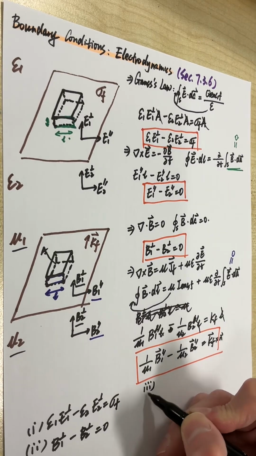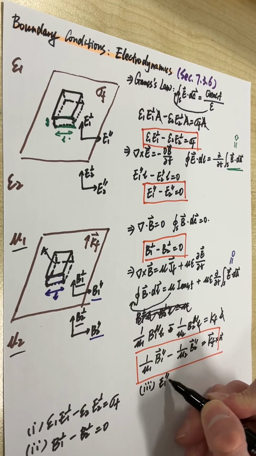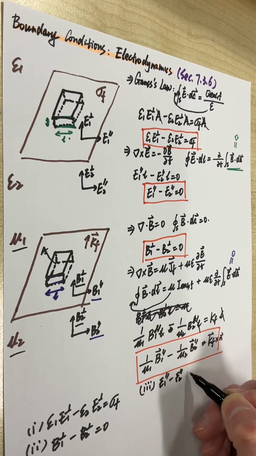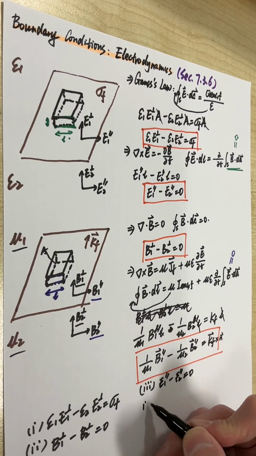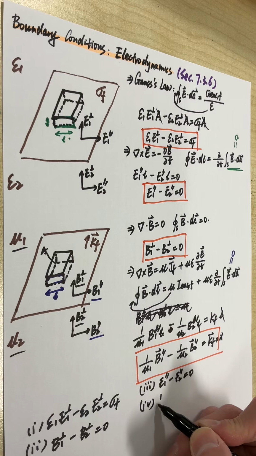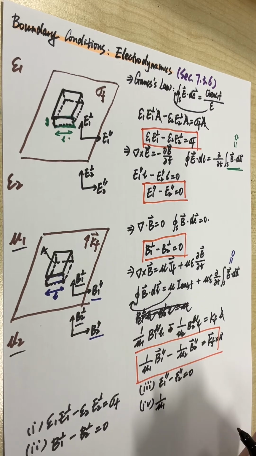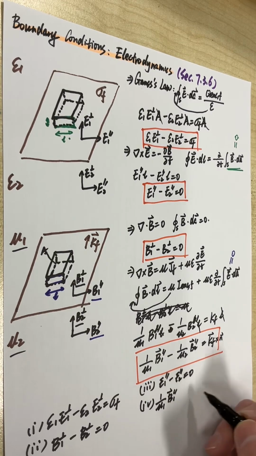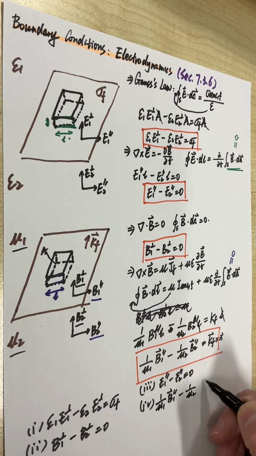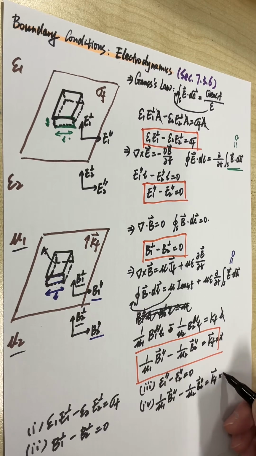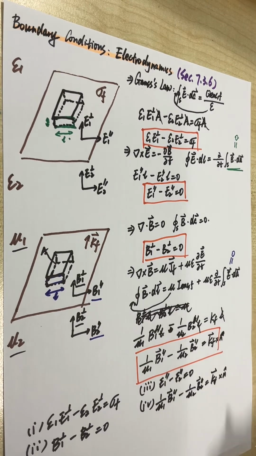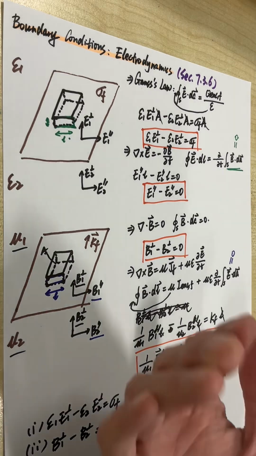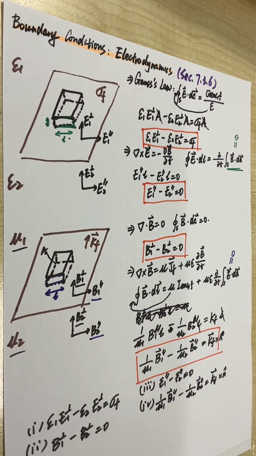Third, the parallel component: E1 parallel component minus E2 parallel component equal to 0. And fourth, 1 divided by mu1 B1 parallel component minus 1 divided by mu2 B2 parallel component equal to Kf cross n. Here n is the unit normal vector, which is perpendicular to the surface.